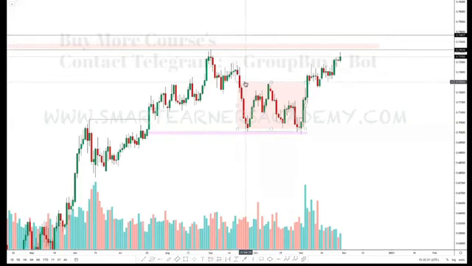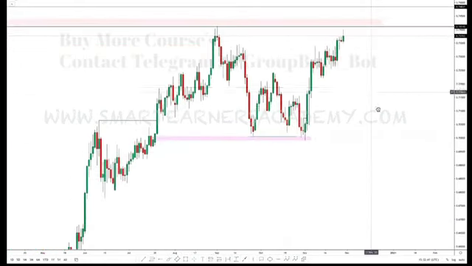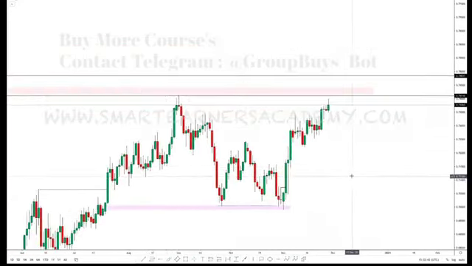Basically, just by reading structure, I don't really need to understand what volume is saying or what momentum is saying. But I could use it as confidence, that's the only thing. It doesn't really tell you much because it is delayed. It only shows you after a move has happened. So it's a little bit delayed.